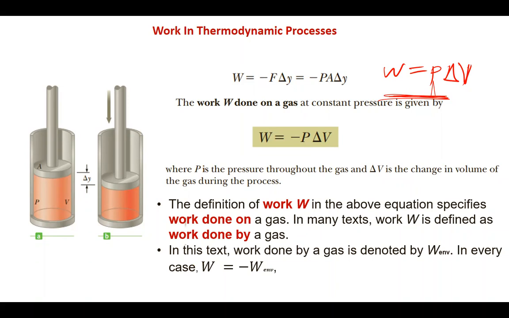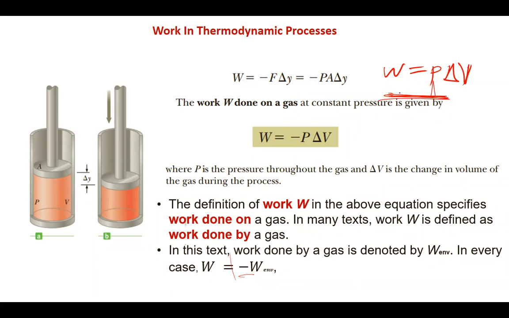All right, so in this text, work done by a gas is denoted by W environment, and in every case, work will be equal to work done. Okay, the positive work, which is just the work done by the gas. I don't know what they meant here, but I think they are trying to explain the same point that I was saying.